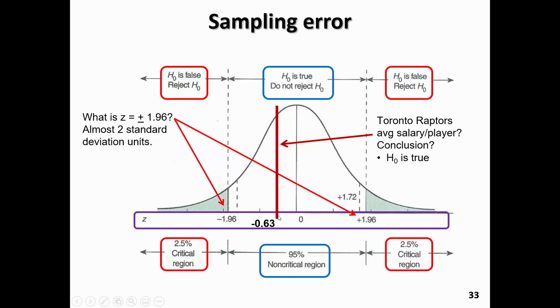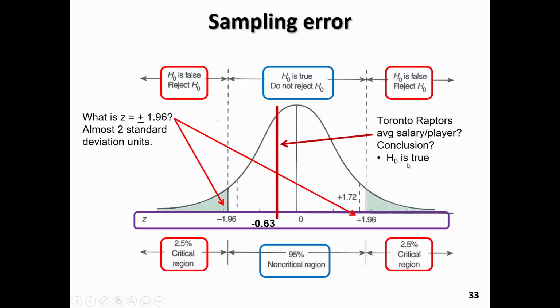Now, the question we originally asked, is that significantly different? And we find that the z value lands within the 95% non-critical region. So we would conclude that H0 is true.